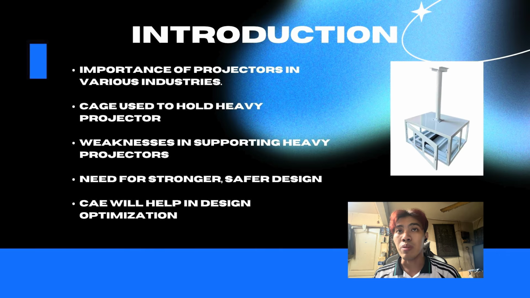We know that projectors are very important in various kinds of industry, school, and company. For safety reasons, some of them use a cage to hold a heavy projector. As we know, some projectors are placed on top of a high ceiling, and the weakness of these cages is that they sometimes can't hold the heavy mass of some projectors.